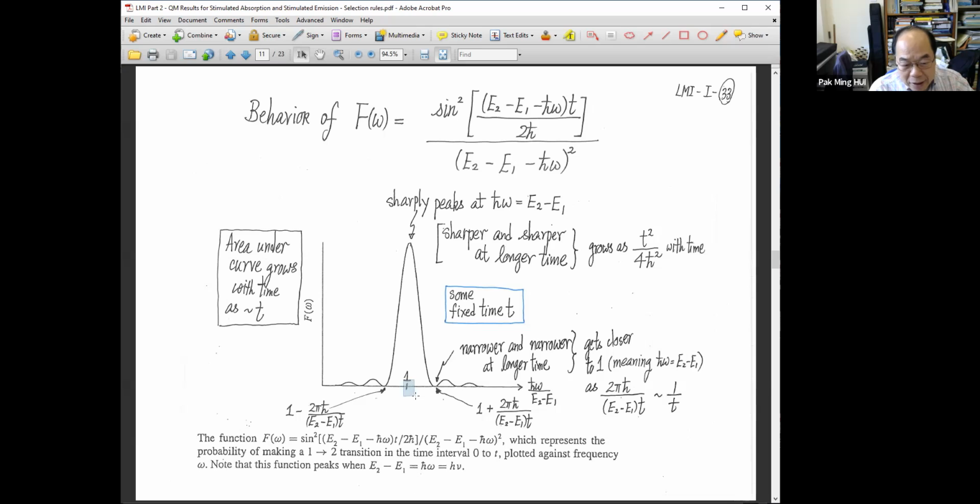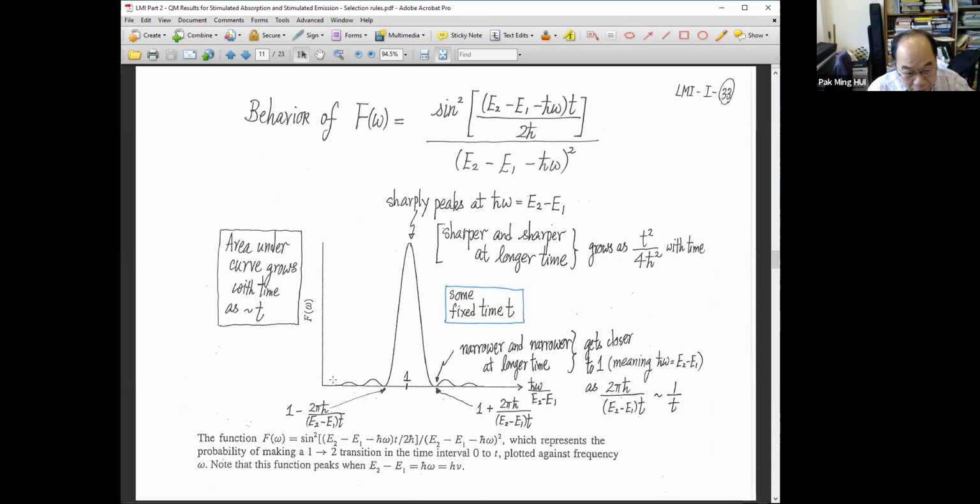1 here means h bar omega is equal to the energy difference E2 minus E1, and that is the 1 there. So from smaller, less than 1, to hitting the right difference, and then above it, F of omega is of this form.